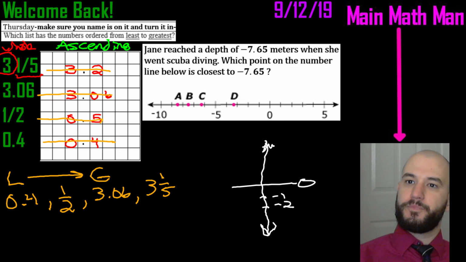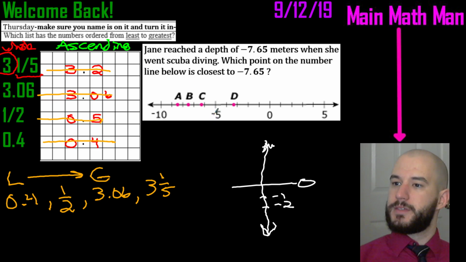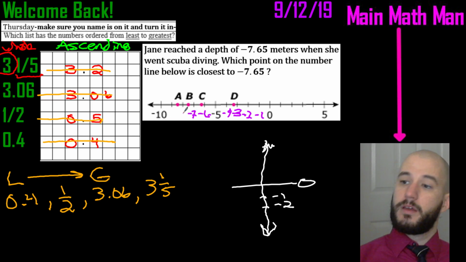Well, let's see. If we number these like this, if this is -0.5, what are these dash marks? Let's see, I have 1, 2, 3, 4, 5. So each of these dash marks on this number line is worth 1 step. So we know that's going to be -1, -2, -3, and so on and so forth. So then I can say that this is going to be -6. This is going to be -7, -8.